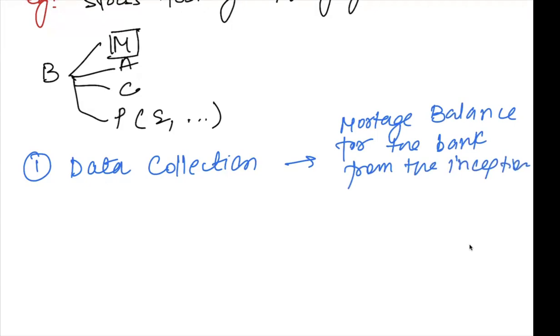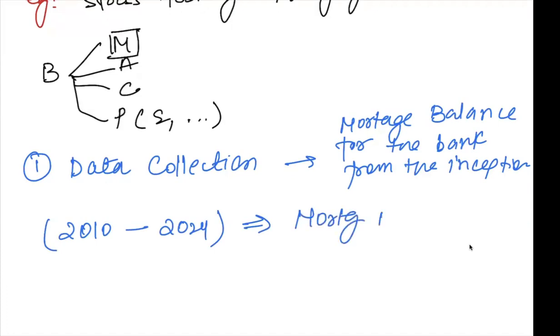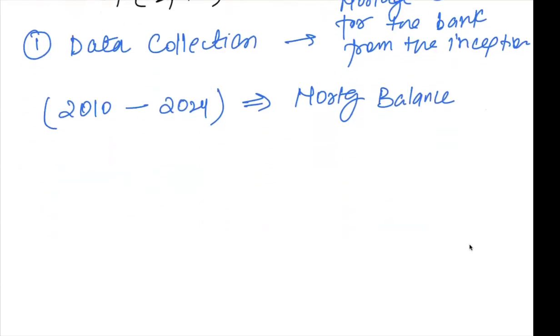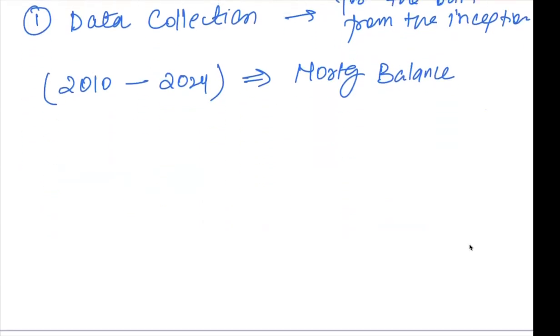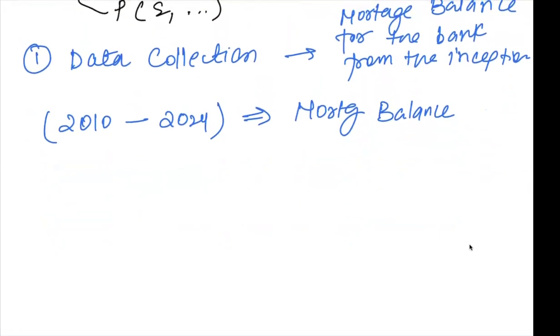Let's say you got the data from 2010 to 2024. This is the time period you got your mortgage balance data. And guys, please stop me in case you have any doubt at any point of time. So this is the first thing, collecting data from the respective stakeholders.